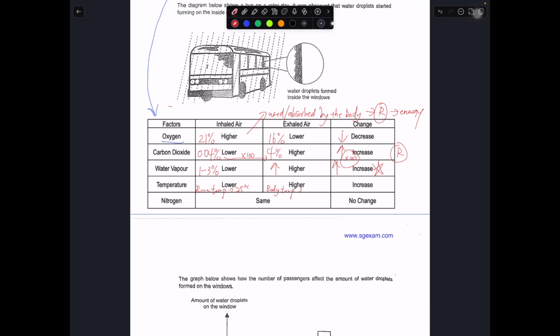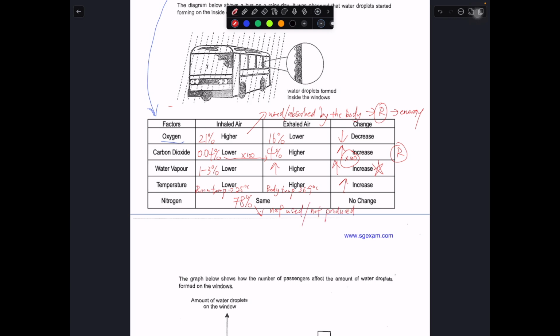You can take it as 36.9, very, very close. So you can see that the temperature of the exhaled air increases as compared to inhaled air.